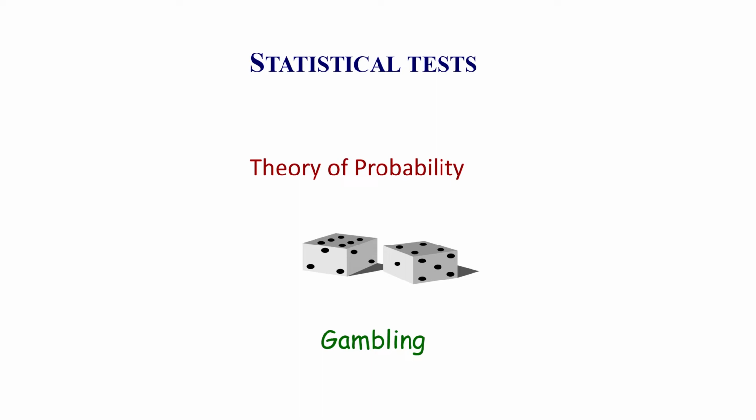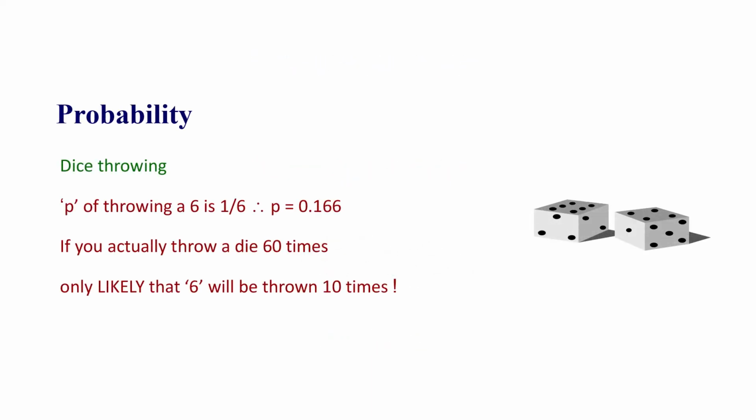And you must have heard that this probability thing is based on gambling. The simple thing is, if you throw a dice 6 times, what is the probability of getting a 6? Then you know that it is 1 divided by 6. If you throw the dice 6 times, the probability of getting a 6 can be only 1, and then you will say that p is equal to 0.166.